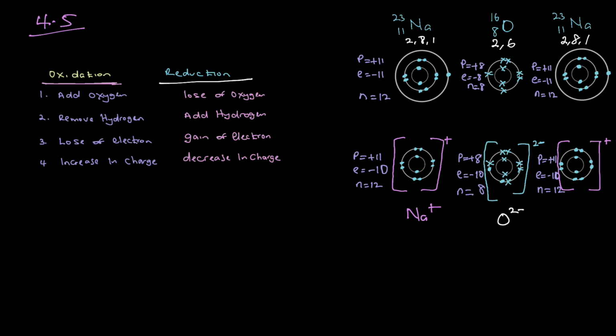So the charge here has decreased from 0 to -2, and a decrease in charge is reduction. So that's a reduction because there's a decrease in charge, or electrons being added. So gain of electrons, or addition of electrons, is a reduction as well. So for oxygen, 2 things happen: a decrease in charge and a gain of electrons.